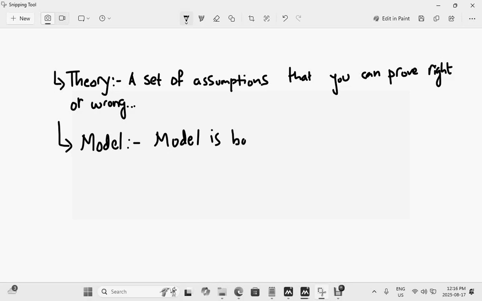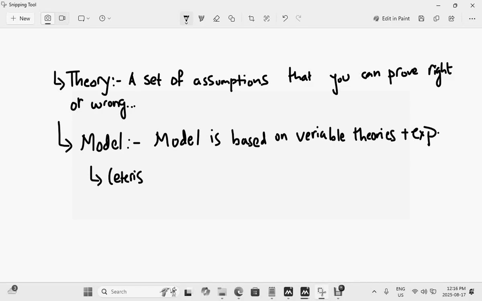Okay, and one such model is ceteris paribus, which basically says that all other things are equal. So all other things being equal.